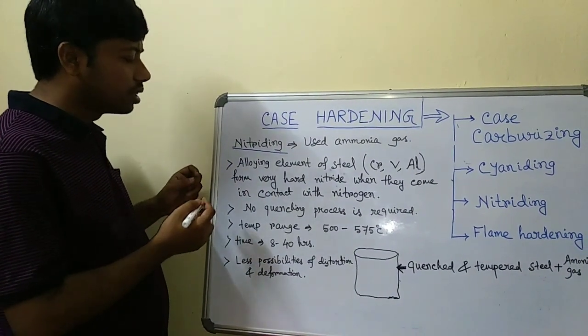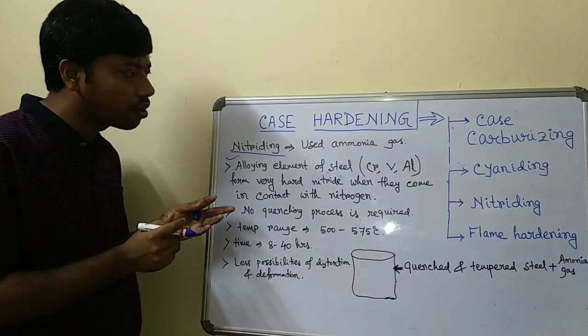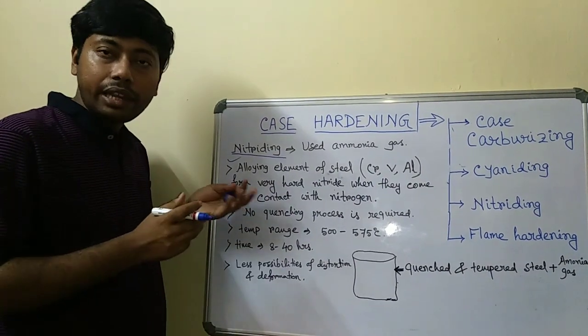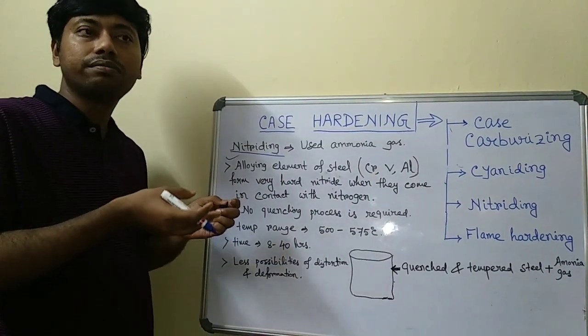Now, nitriding is used for alloy steels. We already know what steel is: a combination of iron and carbon.